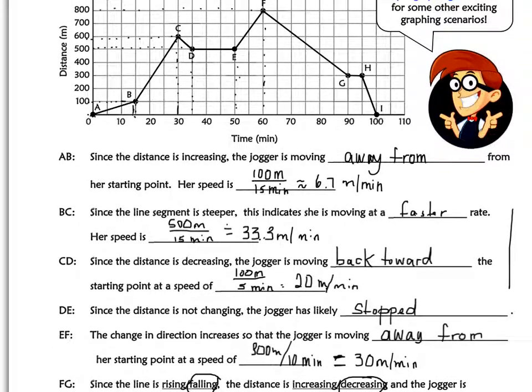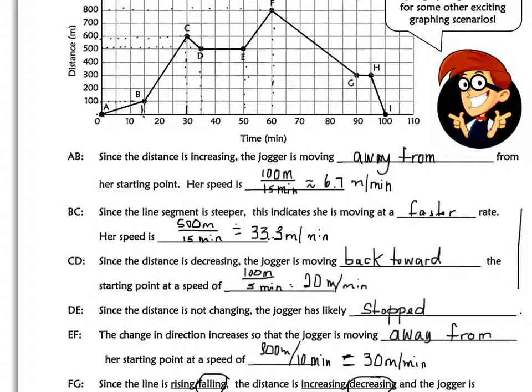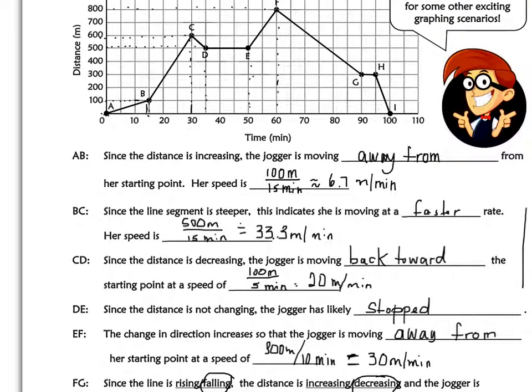The speed: point F is at a height of 800 meters, point G is at a height, we look at G's coordinates, G is at a height of 300, so that's a change in distance of 500 meters, and the time coordinate for F is 60 minutes, time coordinate for G is 90, so that's a 30-minute difference there.